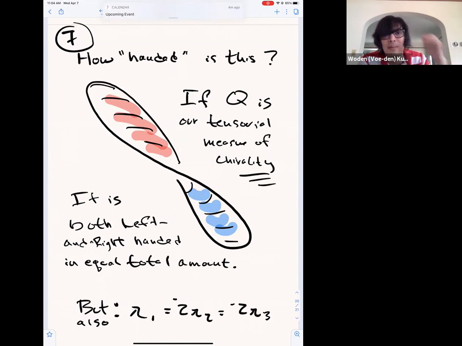I would expect something similar is going on, that particular wavelengths are picking out different scales of chirality, or handedness, I guess.